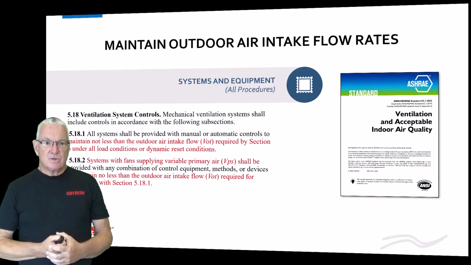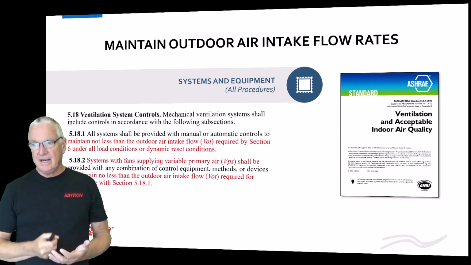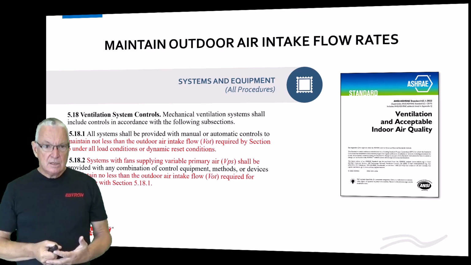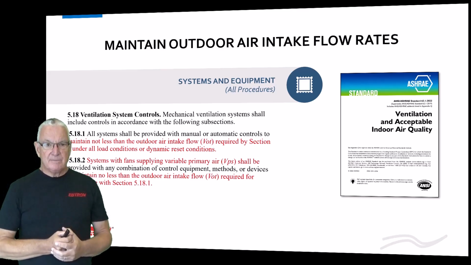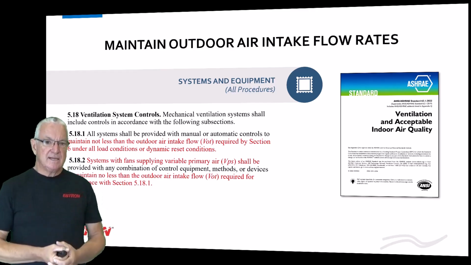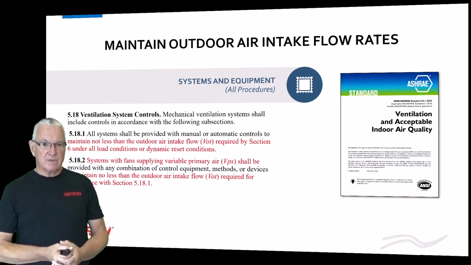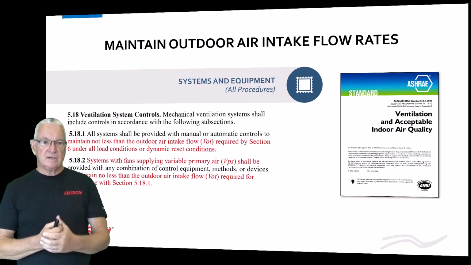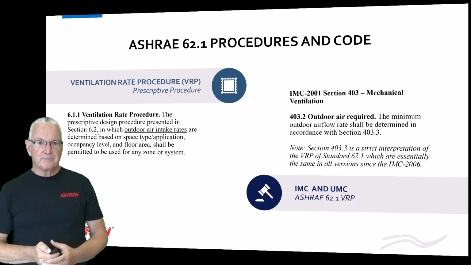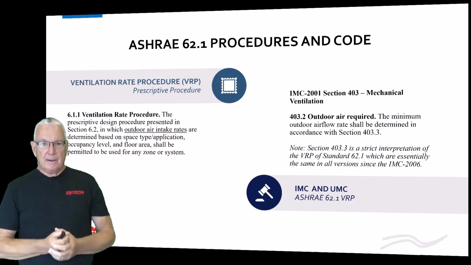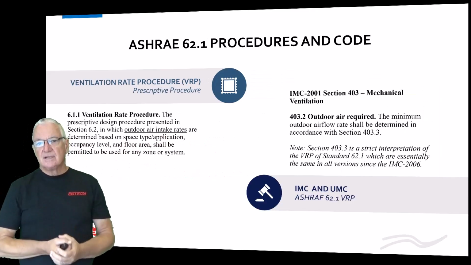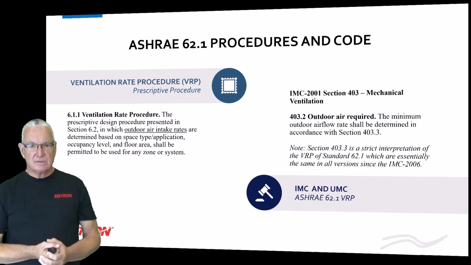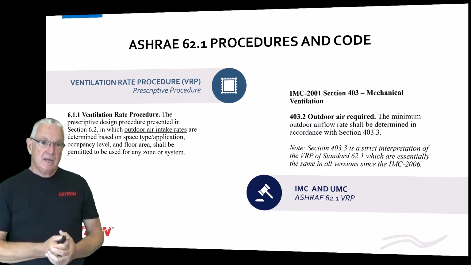And then systems with fan supplying variable primary air, and that can be an air handler, but that can also be a fan coil, shall be provided with any combination of control equipment, methods, or devices to maintain no less than the outdoor air intake flow required for compliance with Section 5.18.1 above. Okay? Now, I only put the IMC in here because, again, it's just a matter of time.